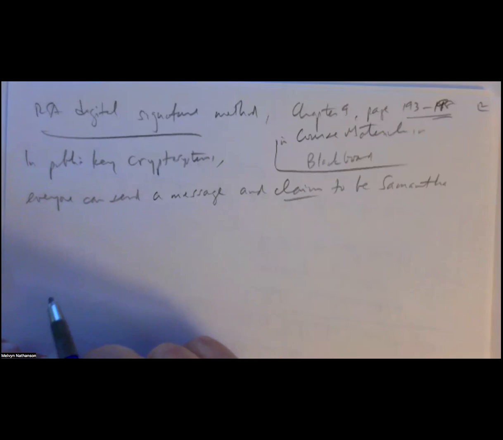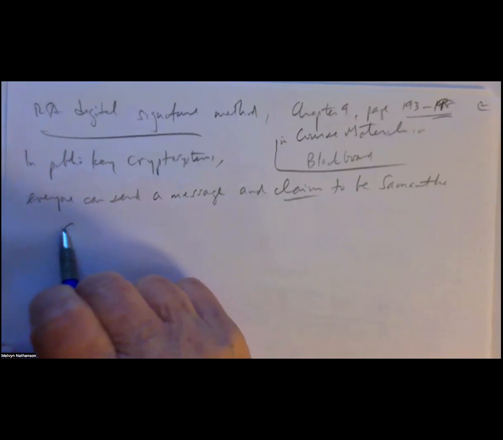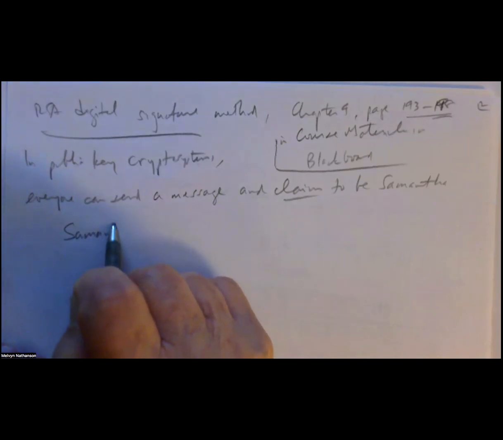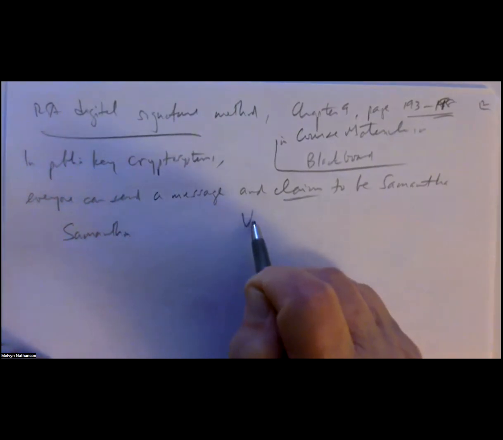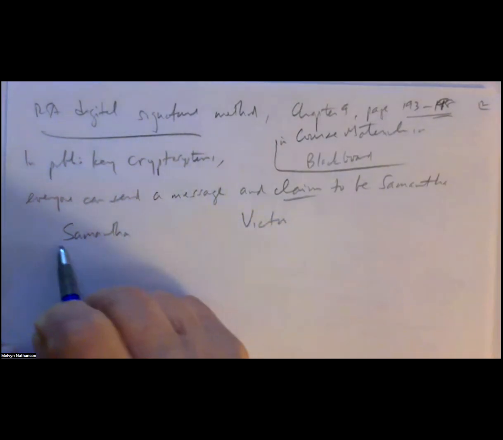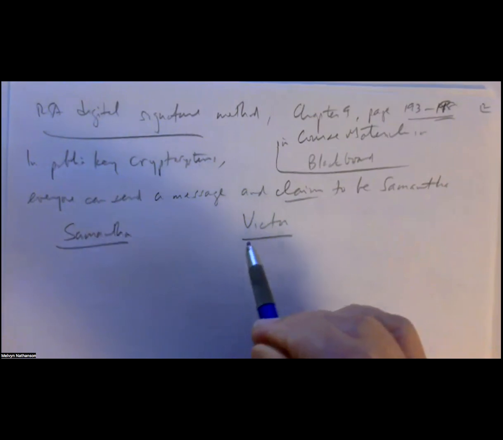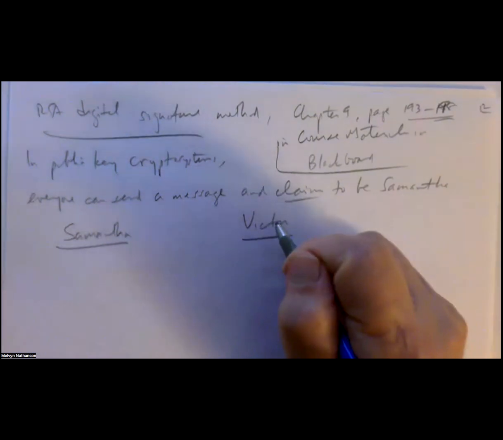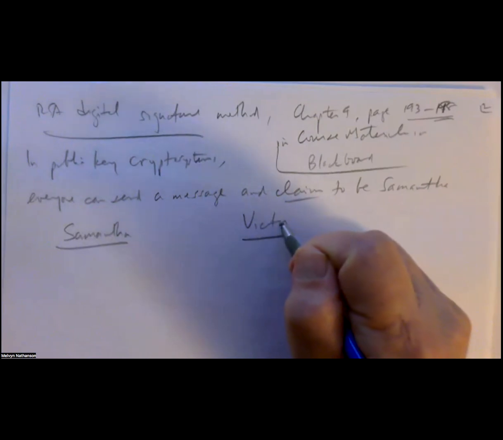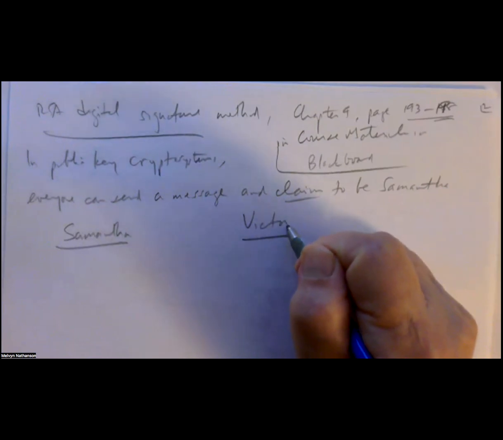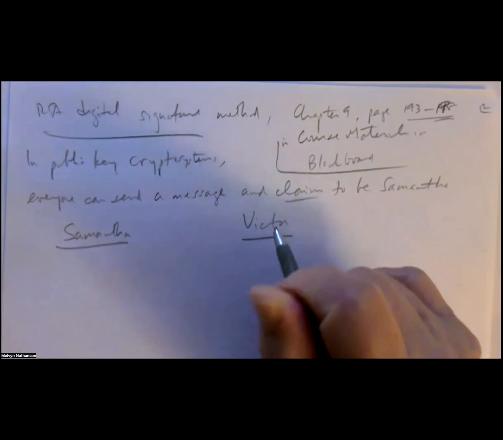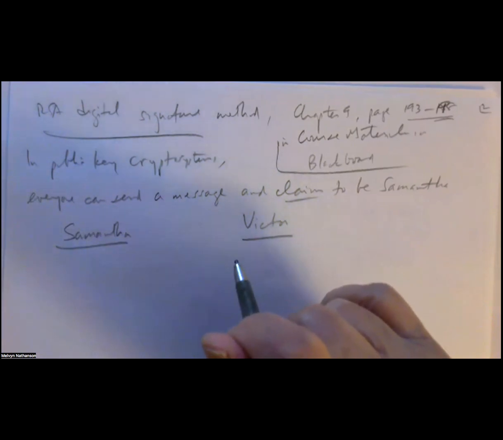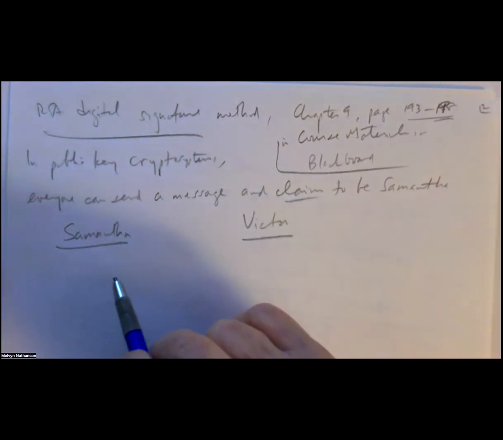So in this case, we have two people, Samantha and Victor. And Samantha needs to know that when someone claims to be Victor and sends a message, it really is Victor, that Victor can sign his name to the message in a way that Samantha knows who it's coming from.